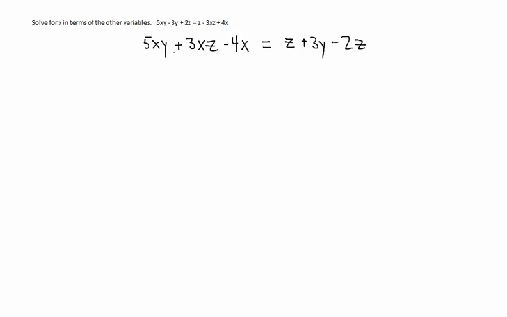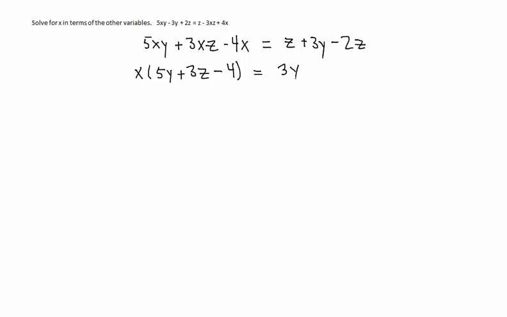And now on the left side of the equation, I'm going to factor out x. So I have x, and then I'm left with 5y plus 3z minus 4. And this is equal to, on the right side of the equation, we can combine our like terms. So we have z minus 2z. So we have negative z remaining.